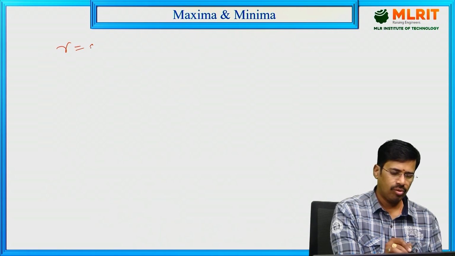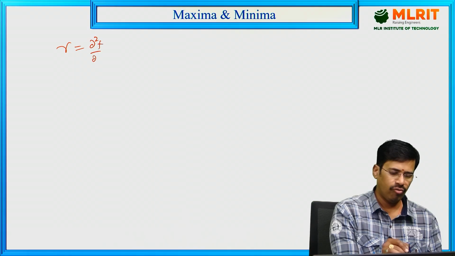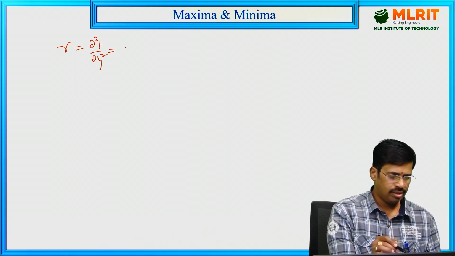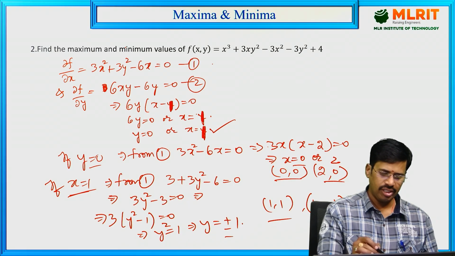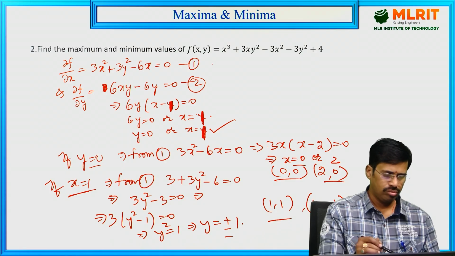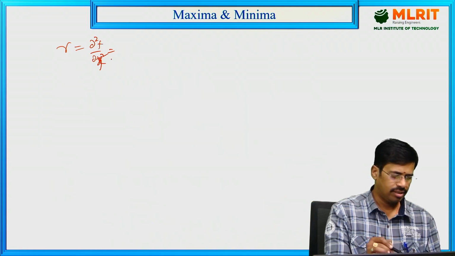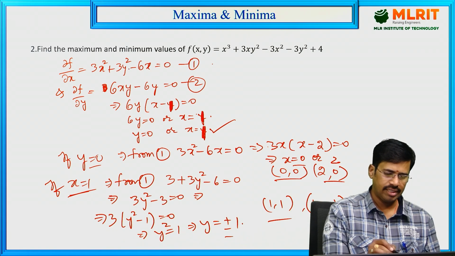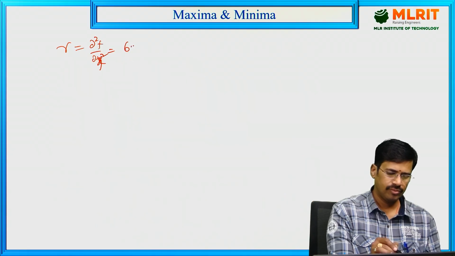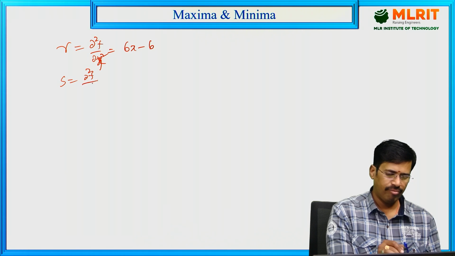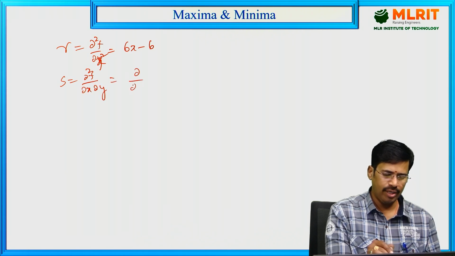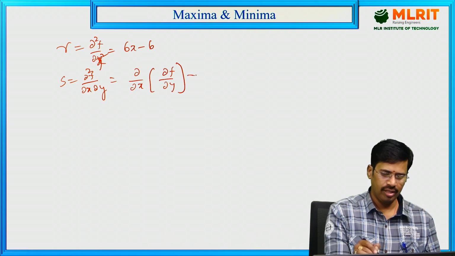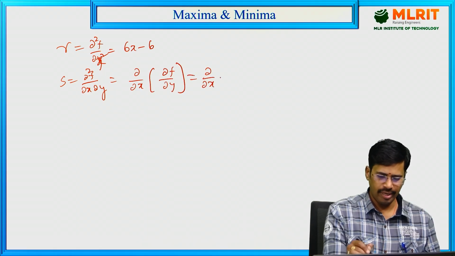So r means what? ∂²f/∂x². Differentiate this with respect to x. So this is 6x minus 6, and s is equal to ∂²f/∂x∂y. This can be written as ∂/∂x of ∂f/∂y.